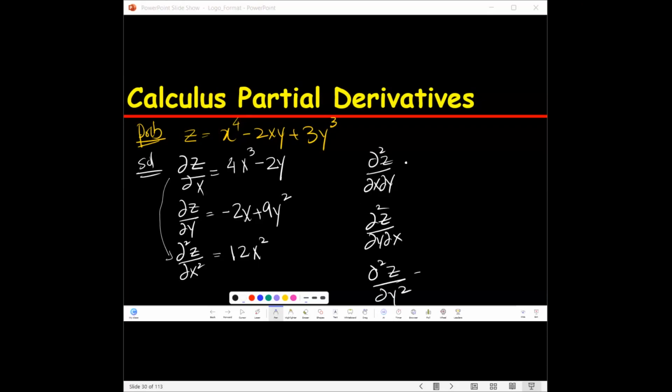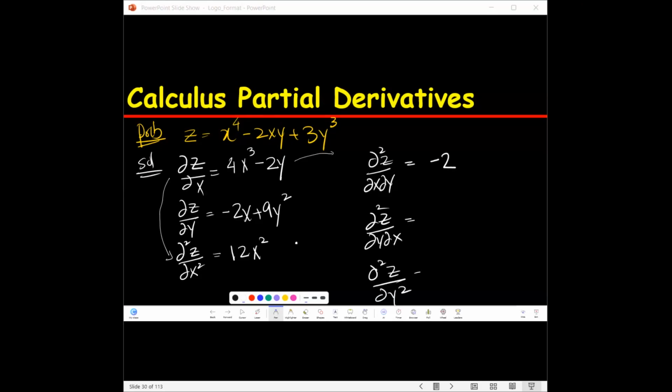Let's go to the other side. If I take dx with respect to dy, I'm going to take this one with respect to y, which is going to be equal to minus 2. The derivative of 4x cubed will be 0 because it's considered a constant here.